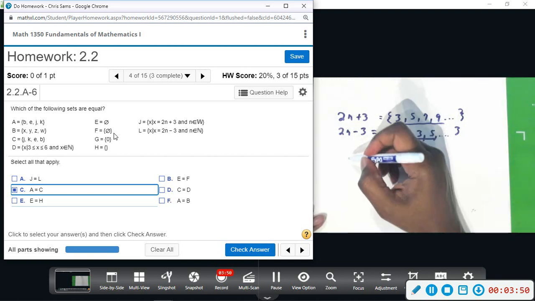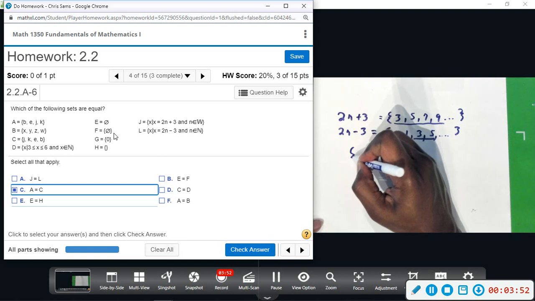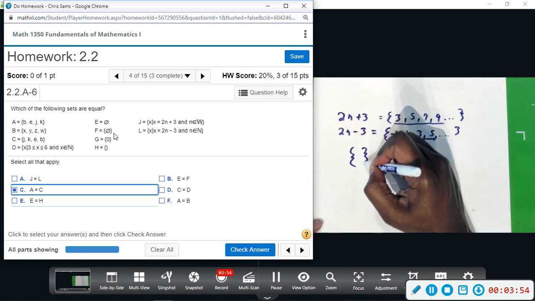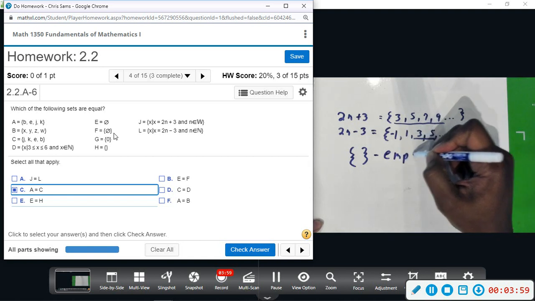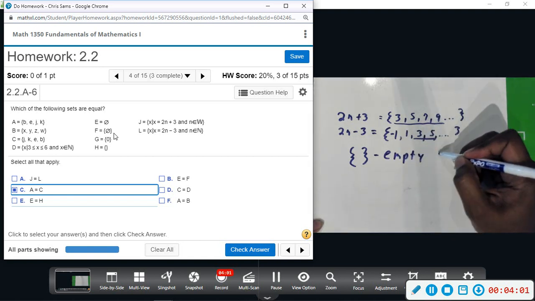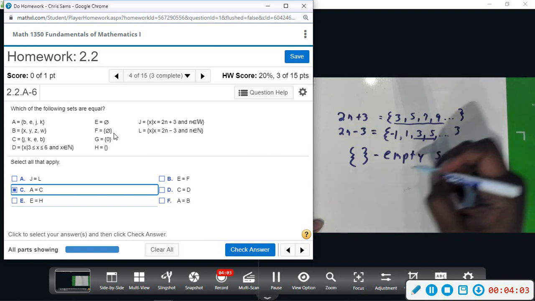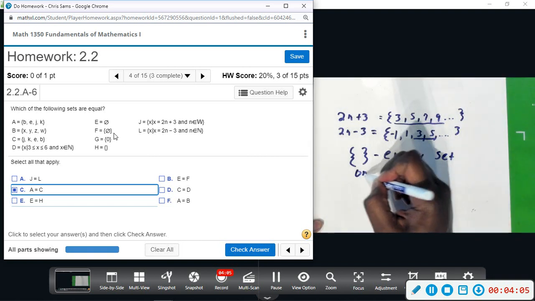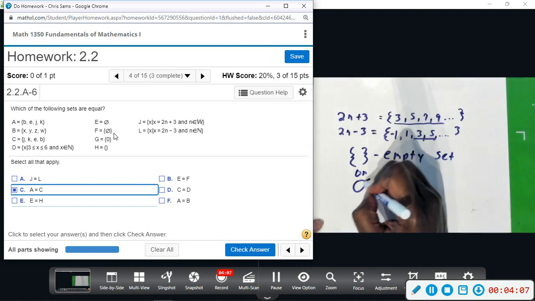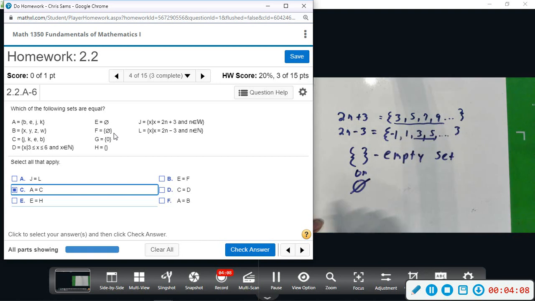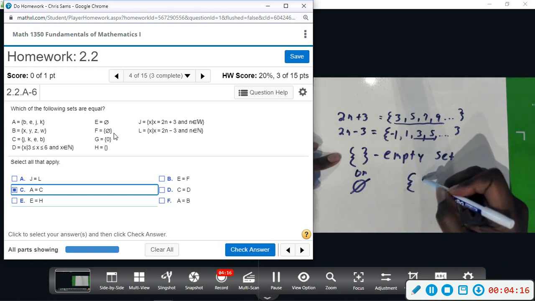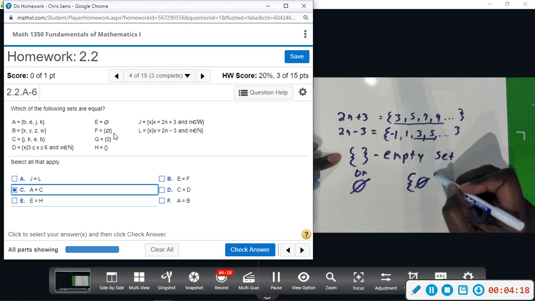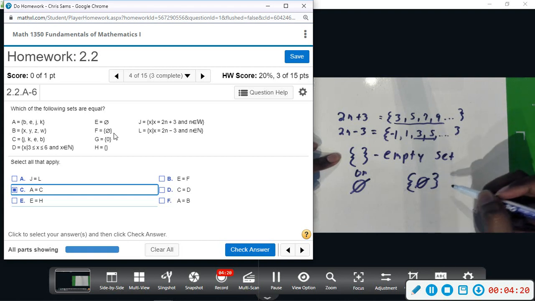You either want to write just brackets with nothing in it to denote empty set, or you want to write this 0 with a line through it to mean empty set. These two alone mean empty set. If you put it together, okay, this is saying the set has something in it. Okay, so this would not be correct.